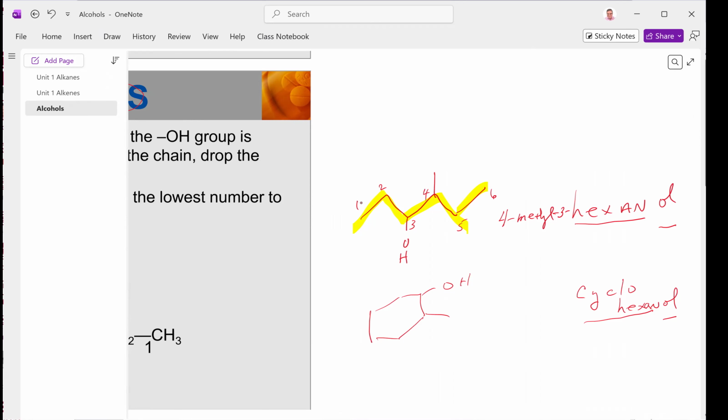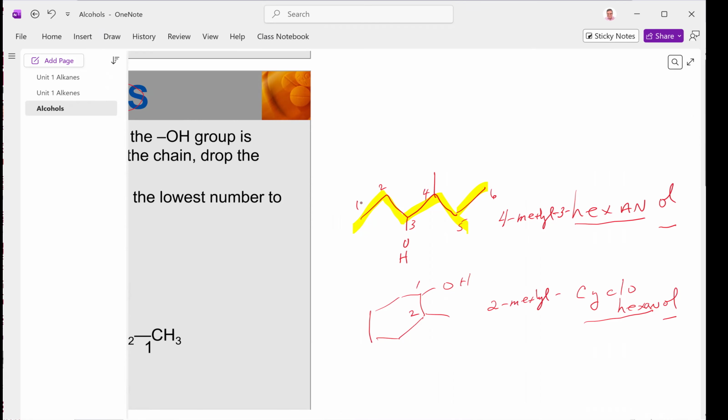And there's a branch on carbon number 2. Now, the reason why I started carbon number 1 where the functional group was, it's standard practice to do that.